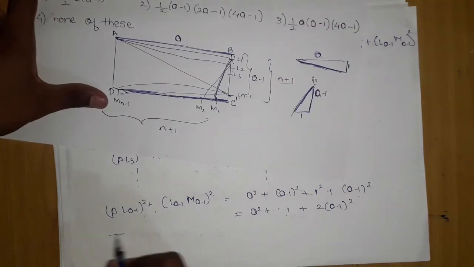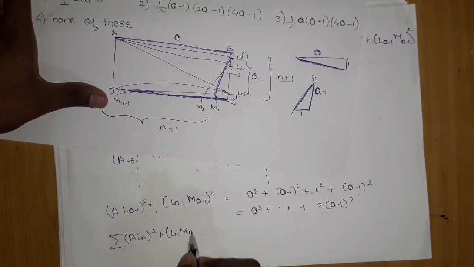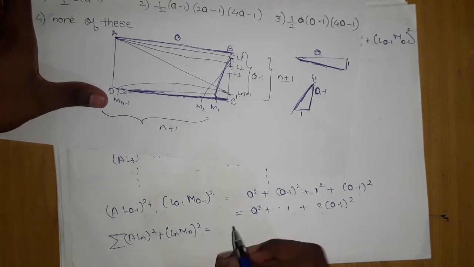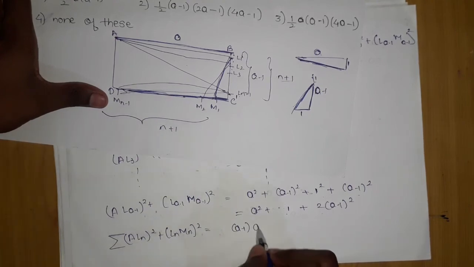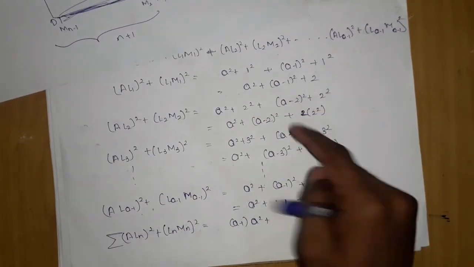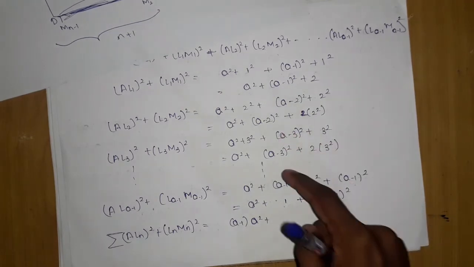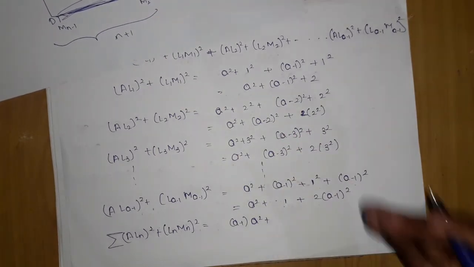So if I take the summation, which is a ln the whole square plus ln mn the whole square, which will be a minus 1 times a square. This is n square, n minus 2 square, n minus 3 square, and so on. It is the sum of squares of natural numbers.